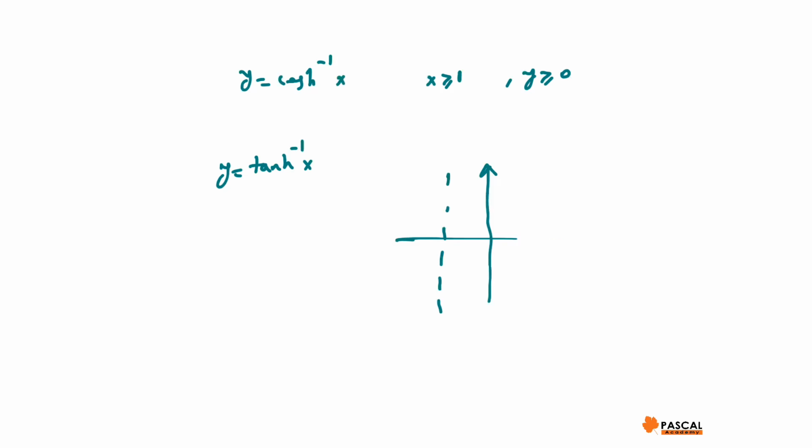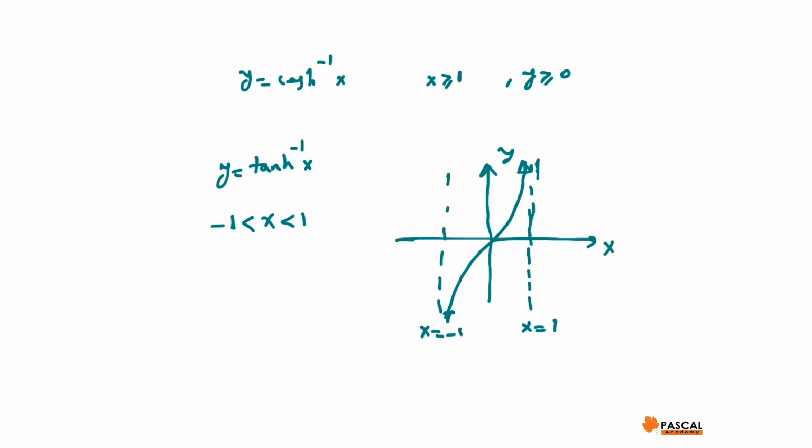Since the range of the original function is between 1 and negative 1, the domain of the inverse is between 1 and negative 1, and the graph would be something similar to this. It has two vertical asymptotes, and x is between 1 and negative 1, and the range of the function is all real numbers.